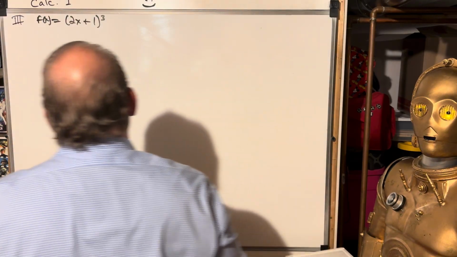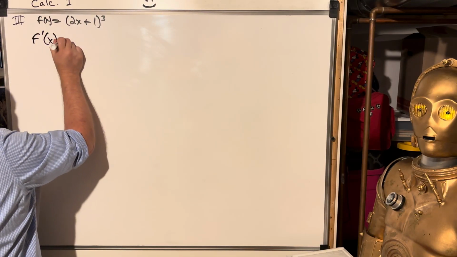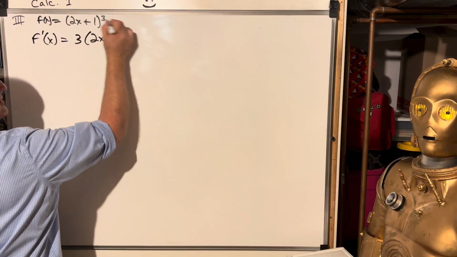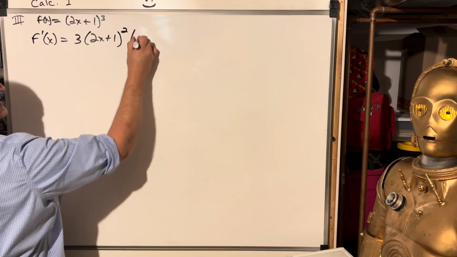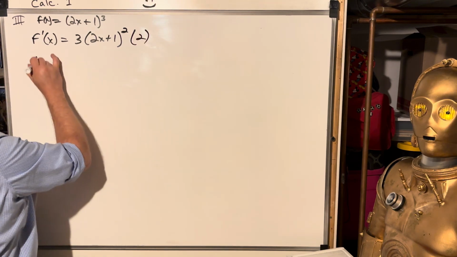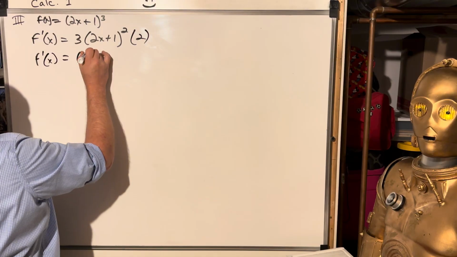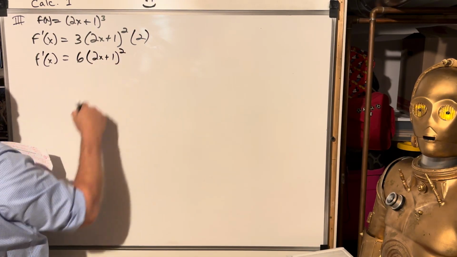All right, so this one is pretty straightforward, but we have to remember our derivative rules. So 2x plus 1, and then take 1 off, squared. But then you have to multiply it by the derivative of what's inside. So there's a 2 there. So f prime of x is actually 6 times (2x plus 1) squared.